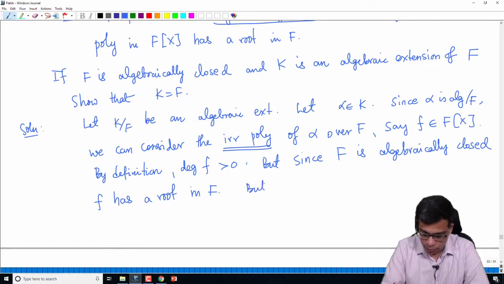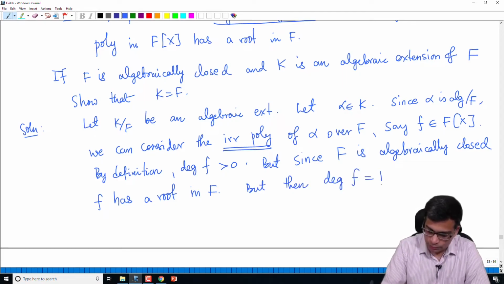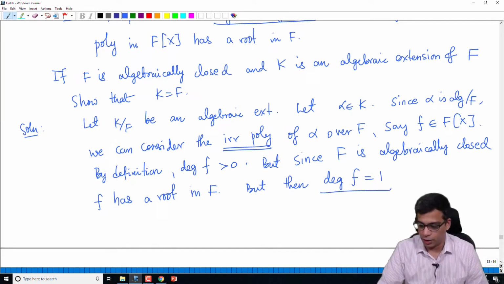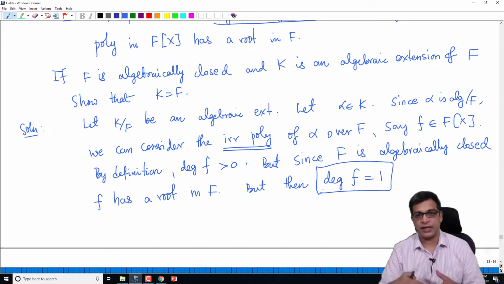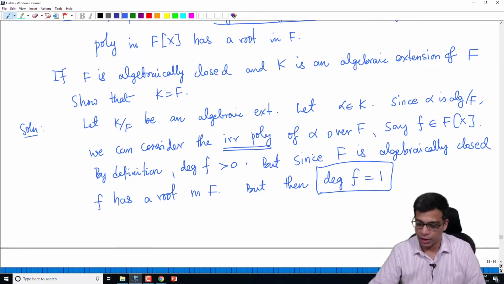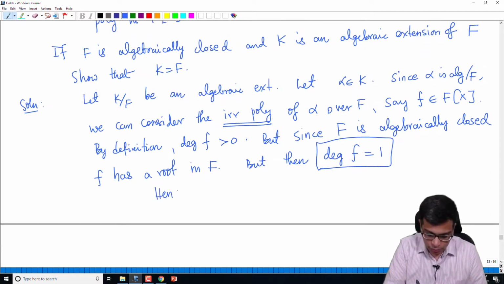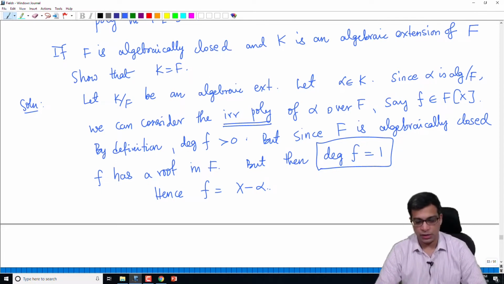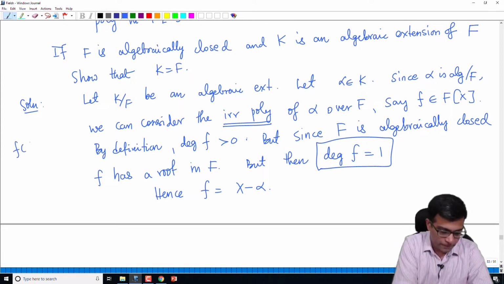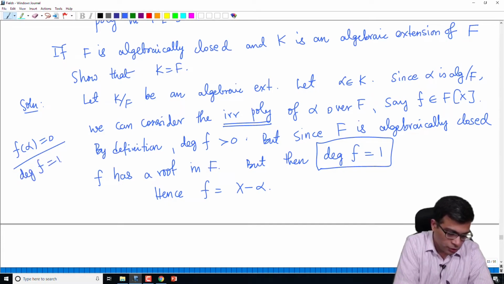But then the degree of f must be 1, right? This is the only possibility, because if it's greater than 1, since it's irreducible, it cannot split, but it has a factor coming from the root. So the degree of f is 1, and hence f must be x minus alpha, because f has alpha as a root, right? f(alpha) is 0, and the degree of f is 1.